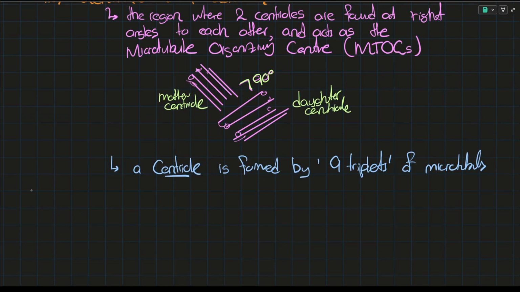Here's the thing. A triplet is 3, so I'm gonna draw 3. 1, 2, 3. Just like so, we have 9 triplets. So that's the second triplet. 2, 3, 4, 5, 6, 7, 8, 9.